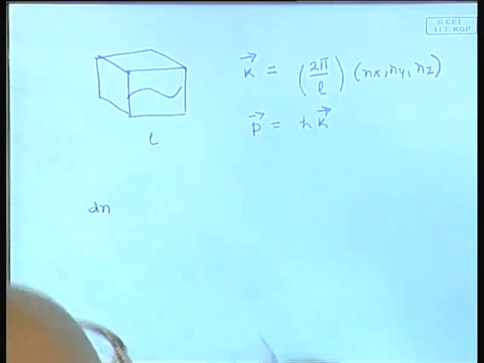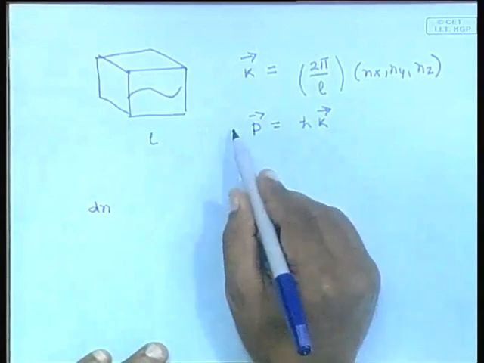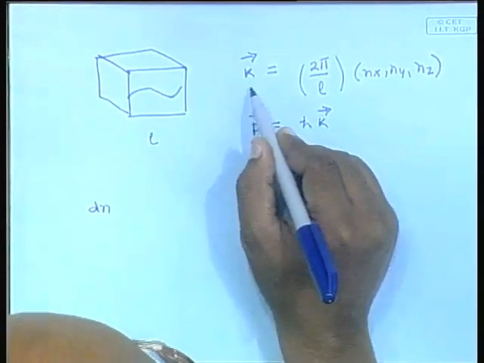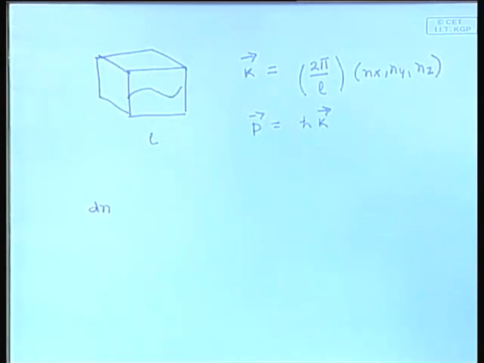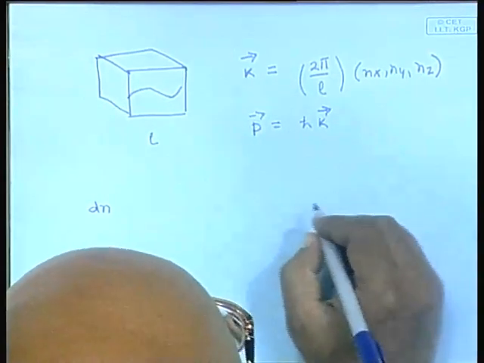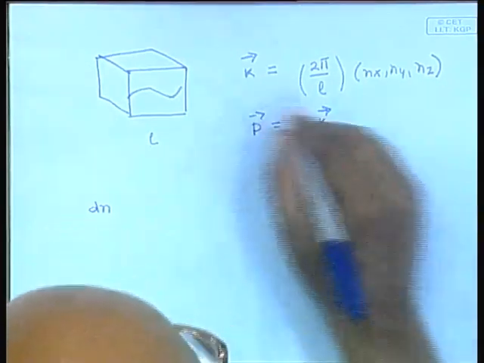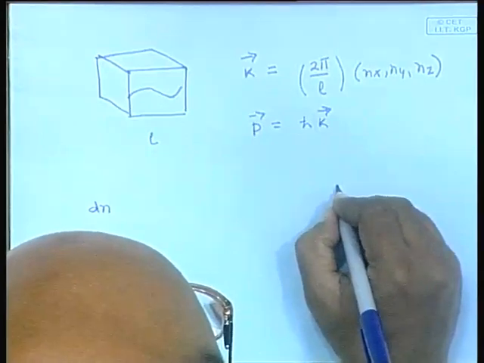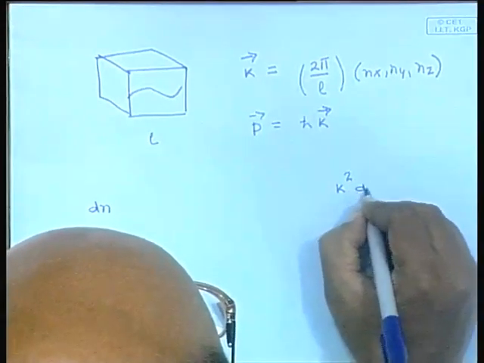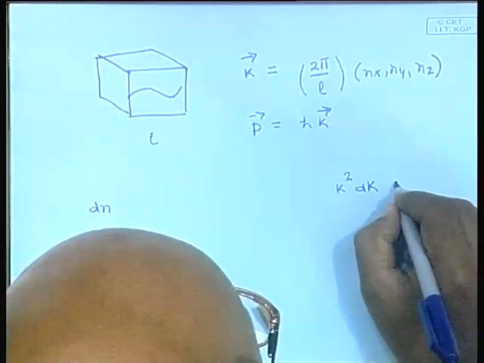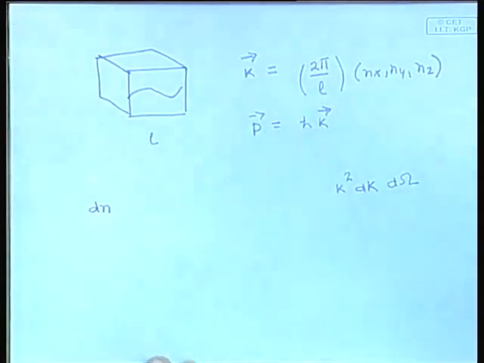Let us call this dn, the number of particles per unit volume within a certain range of d cube k. d cube k can be written as k square dk d omega in spherical polar coordinates, where d omega is the solid angle.